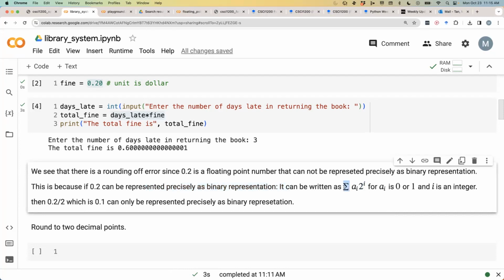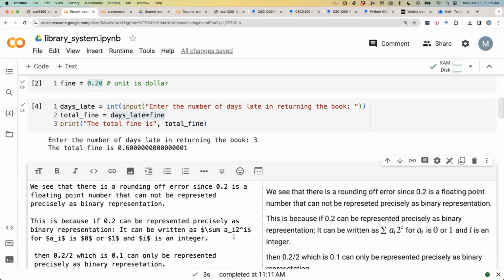This means the sum of A_i times 2 to the power i, where A_i is a variable that is either 0 or 1. So it means it can be written as a sum of digits times powers of 2, where i can be positive or negative. In this case, it has to be negative because 0.2 is less than 1.